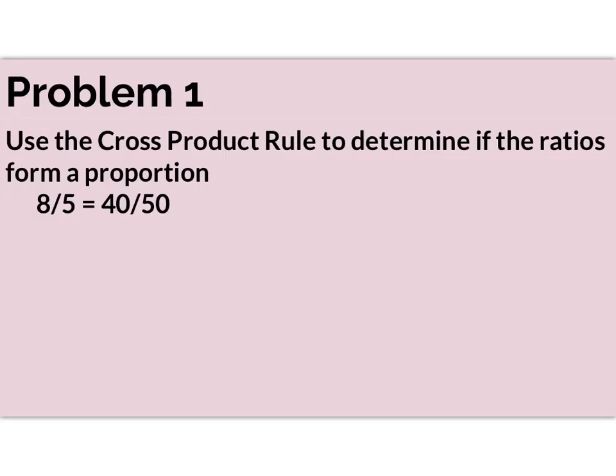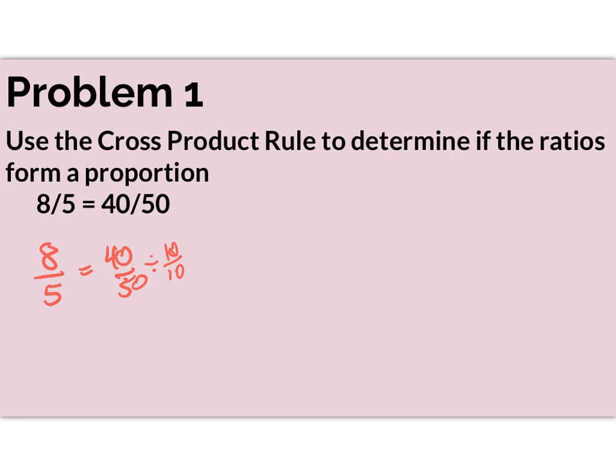Okay, is 8 over 5 proportional to 40 over 50? Well, here's a shortcut you can try. You can just reduce this fraction. Here you have 5, which is a prime number. You can't take it down anymore. What if we just took the 40 over 50 and divided it by 10 over 10?